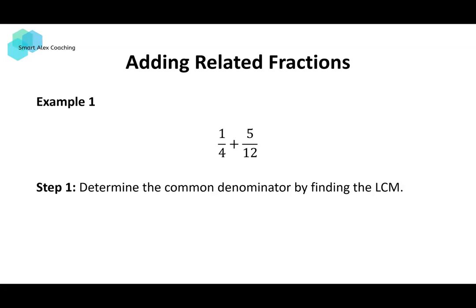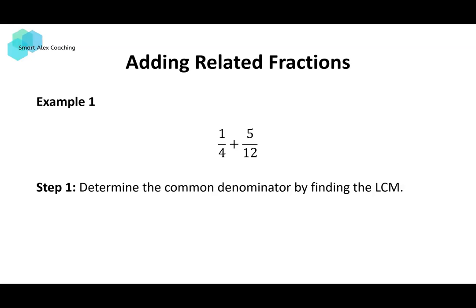How do we add related fractions? Well, when we add fractions, what we need are the denominators to be the same. In example 1, I've got a quarter plus 5/12. So the first step for me is to determine the common denominator by finding the LCM.